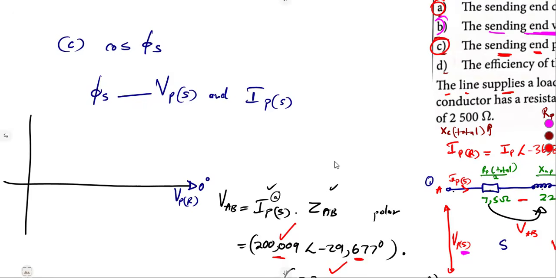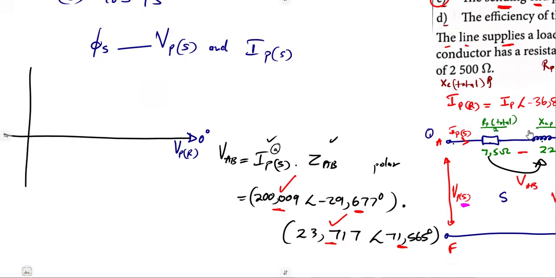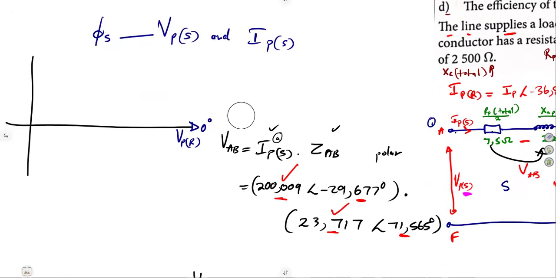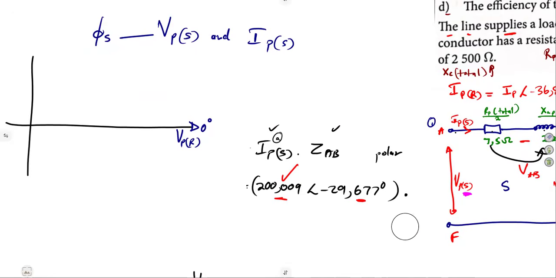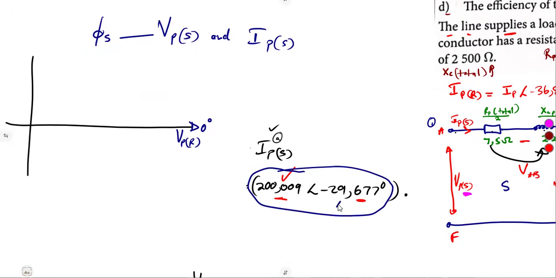So the question is, what about the current? If we consider IPS, we have this current here. It's only that I erased some of this information, but here we can see where we used this current, IPS. It is at an angle of negative 29.67.